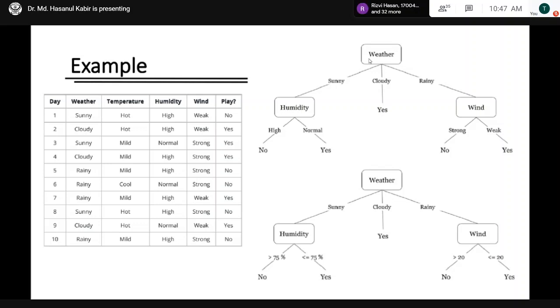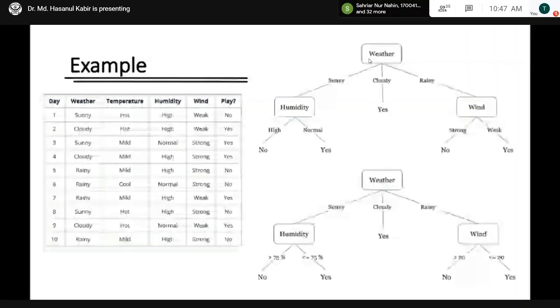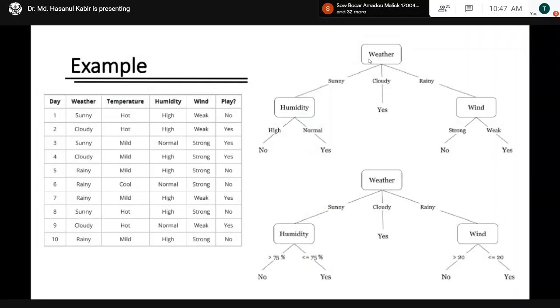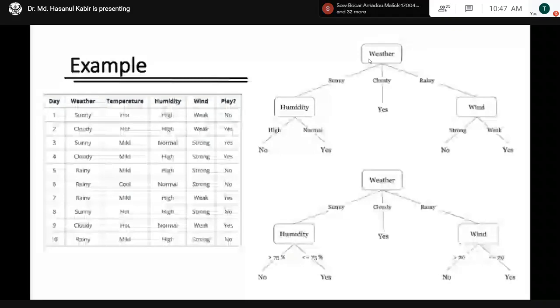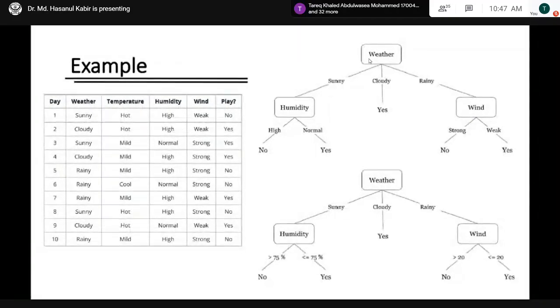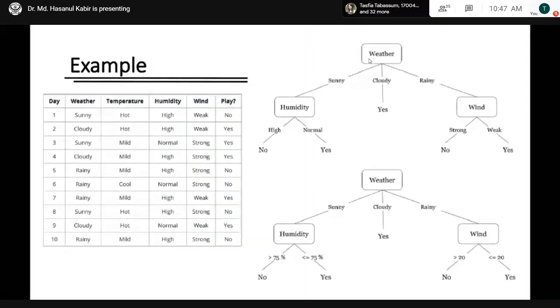Now I want to decide whether to split with temperature, humidity, or wind. So what should you do? You have to choose, right? If I pick humidity, how many possible branches do we have in case of humidity?